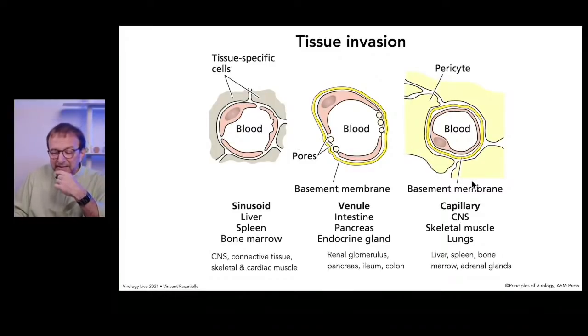And then finally, we have the situation at the right, which we find in central nervous system, skeletal muscle, lungs, etc. These are proper capillaries where the endothelial cell is now one cell with a very tight junction. There's the nucleus. Because a series of endothelial cells make up the capillaries, make up the blood vessels. We have a basement membrane. So very difficult for viruses to get across this. So does that mean it doesn't happen? No, of course not. It does happen, although it's tough.